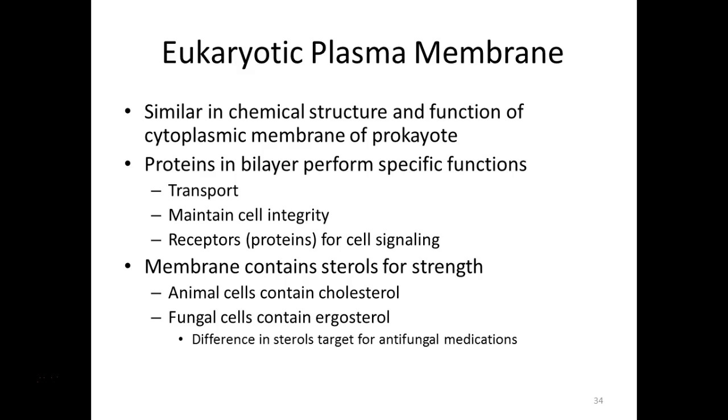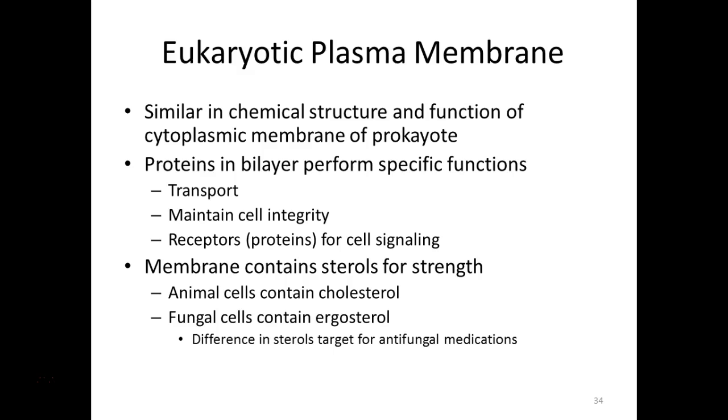One of those differences helps us in combating other eukaryotes, because animal cells have cholesterol, where fungal cells have ergosterol in their cell membranes. This is a different cholesterol-like substance. And because of that, we have drugs that are antifungals that target that ergosterol.